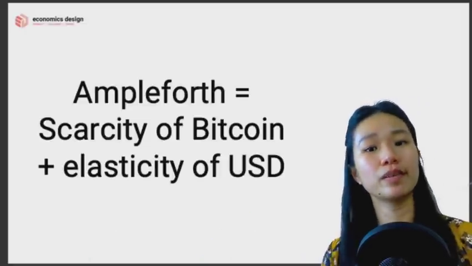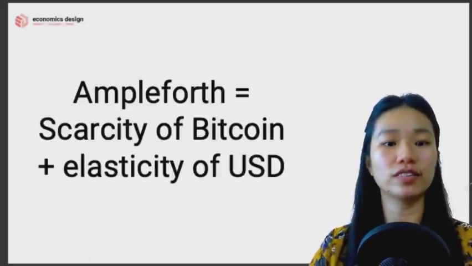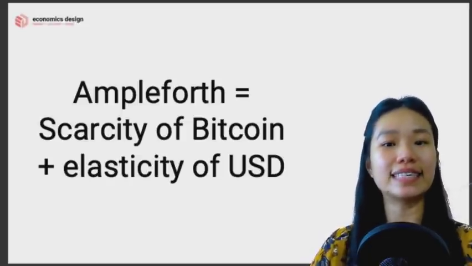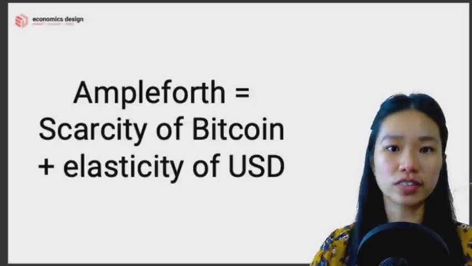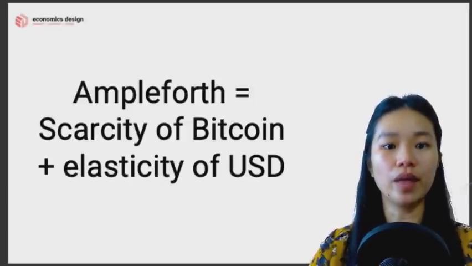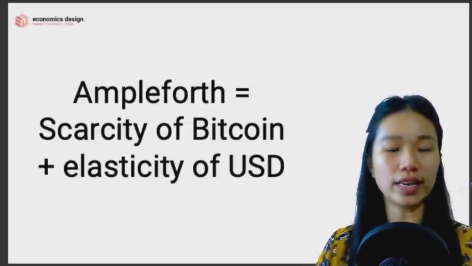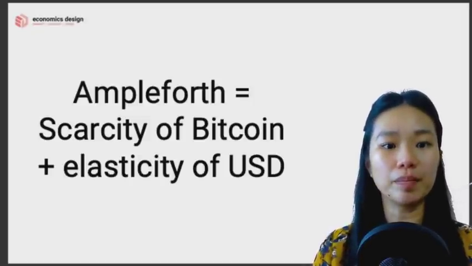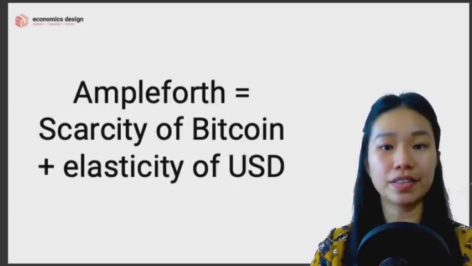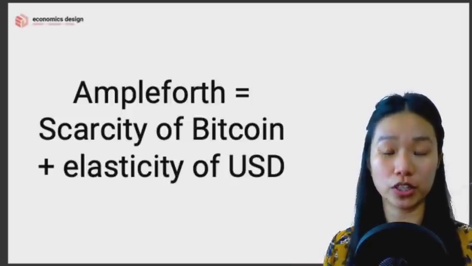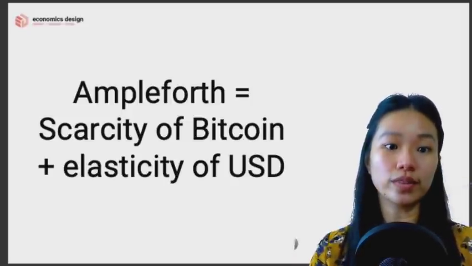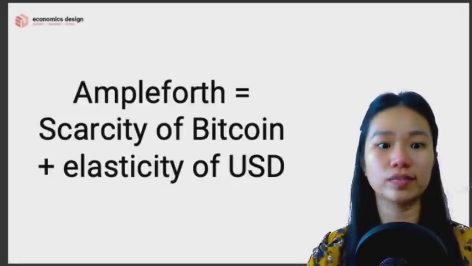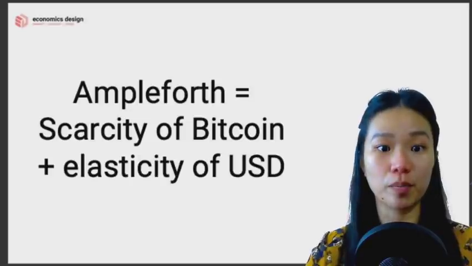So to put it very simply, Ampleforth is really just the scarcity of Bitcoin plus the elasticity of USD. So the scarcity of Bitcoin is where there's only a limited amount of Bitcoin. It's not a limited amount of Ampleforth, but Ampleforth creates this synthetic commodity money. Remember I talked about it just now? So the synthetic commodity money increases or decreases according to the price. So that is the scarcity of Bitcoin part.